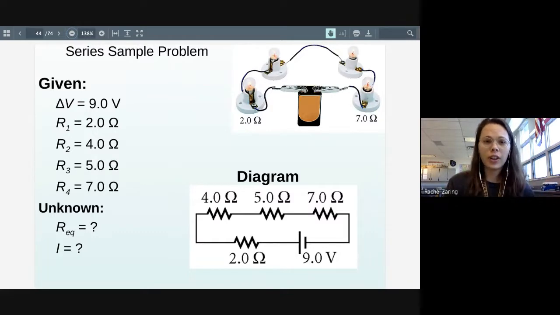Every single time you face one of these problems, if a diagram is not supplied to you, you are going to draw the diagram. That's a great way for you to write down your known values in a way that's really easy to see. So then for the rest of this problem, what is unknown? What we are looking for is the equivalent resistance and the current.